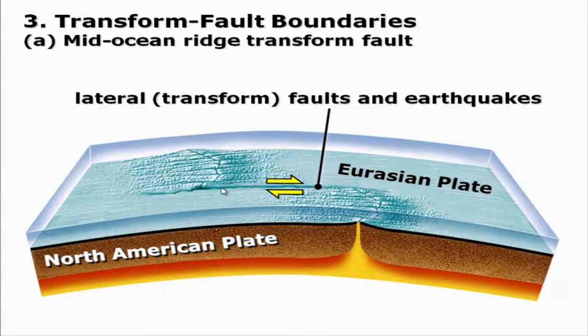Hence, along this fault or transform plate boundary, the movement is in this direction and this side is in this direction. So, on your right the movement is towards you, and on your left the movement is away from you, and this type of movement is termed right lateral movement.